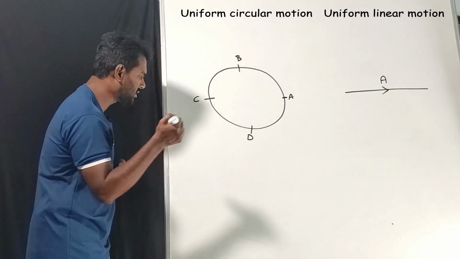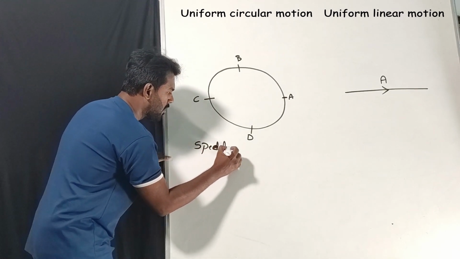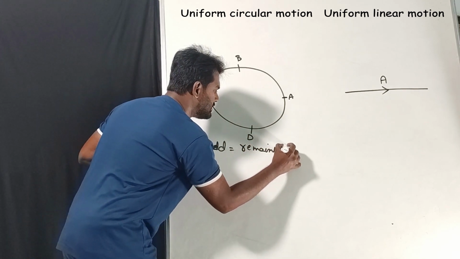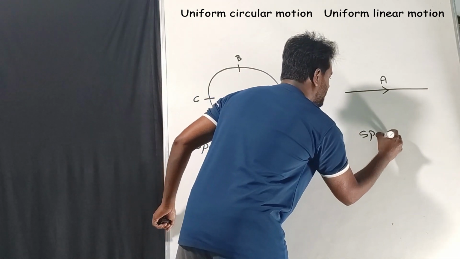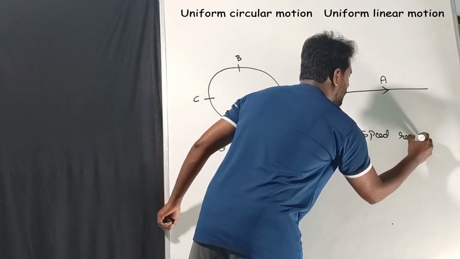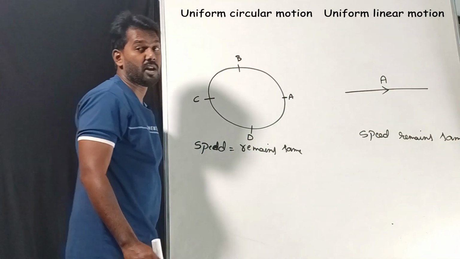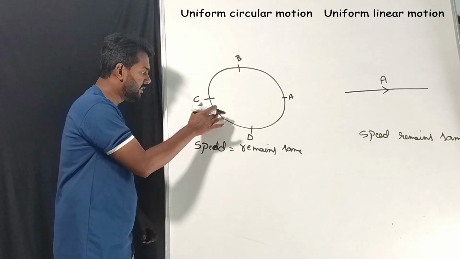Now see here, speed remains the same. Here also speed remains the same. But what about velocity? Velocity is not constant in this case.